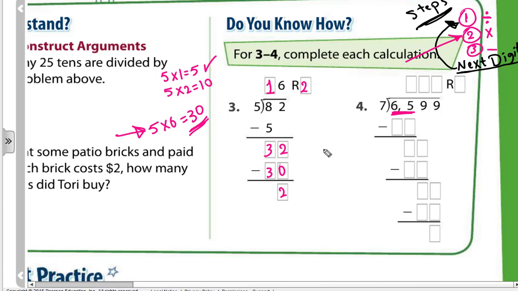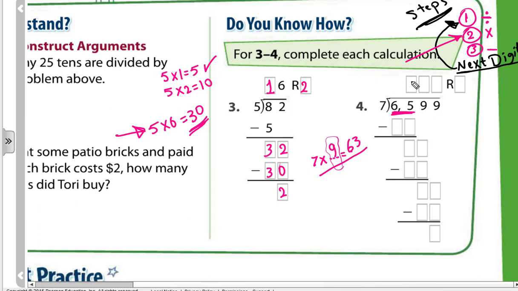We can write the timetable of 7, or you can estimate what number multiplied by 7 gives 65. 7 multiplied by 9 is 63. So I don't have 65, but I need a number less than 65. So I have 63. So what number should we use in the quotient?